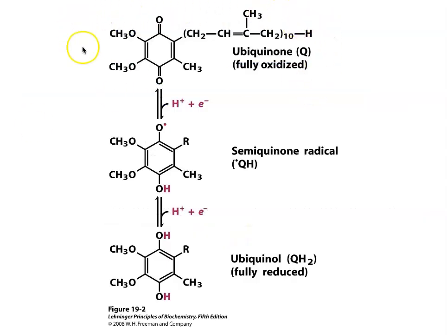It can be in the fully oxidized form as ubiquinone, in the semi-reduced form containing 1 extra electron, and as such is actually a radical, that's semiquinone, or in a fully reduced form known as ubiquinol. So the complete reduction of ubiquinone requires 2 electrons and 2 protons, and it does occur through these 2 stages of semiquinone and fully reduced ubiquinol.